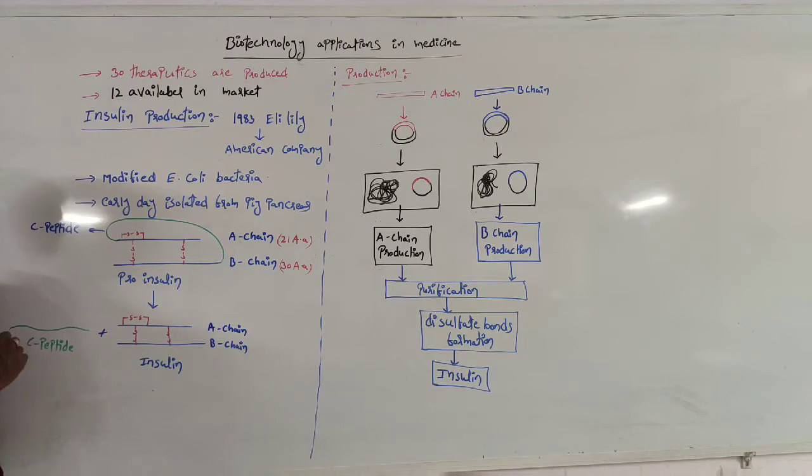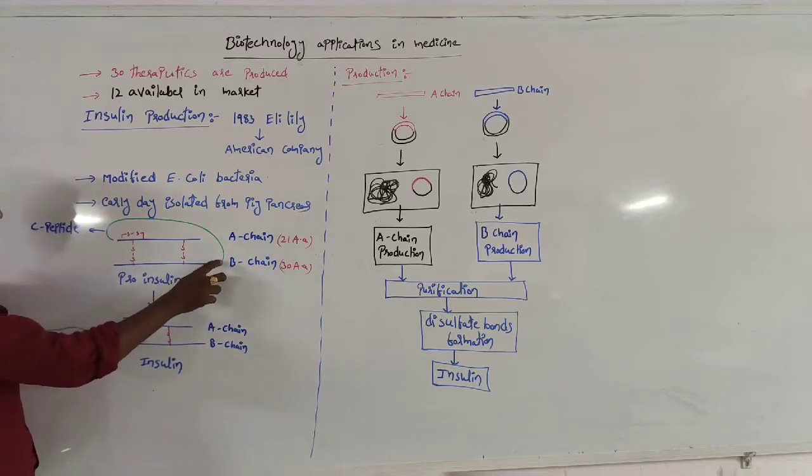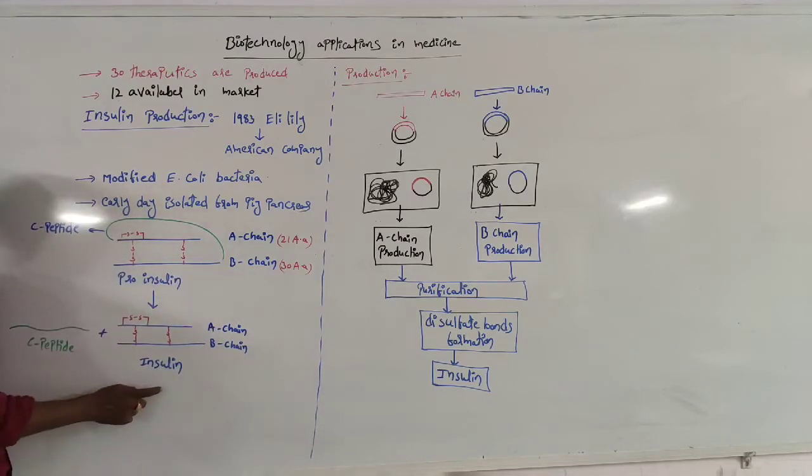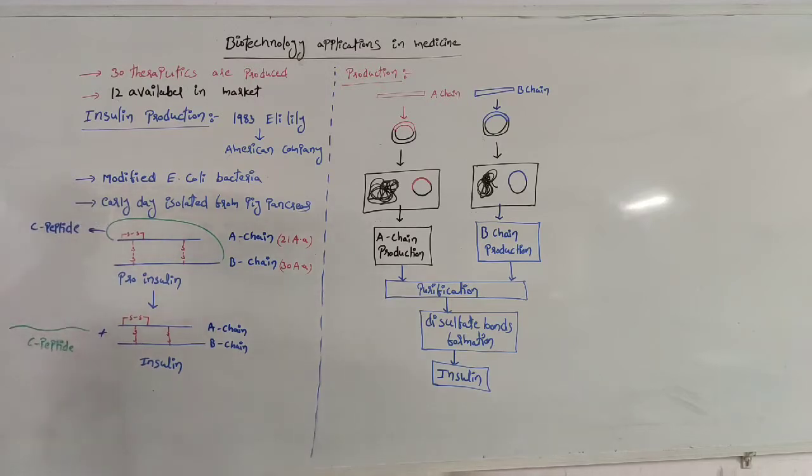In the human body, the Golgi complex is involved in the cutting of the C peptide, and then this is the insulin, the active hormone. Then this hormone is released into the bloodstream, binds to the insulin receptors, and opens the glucose transporters. Then the glucose molecules are transported from the blood to inside the cells.